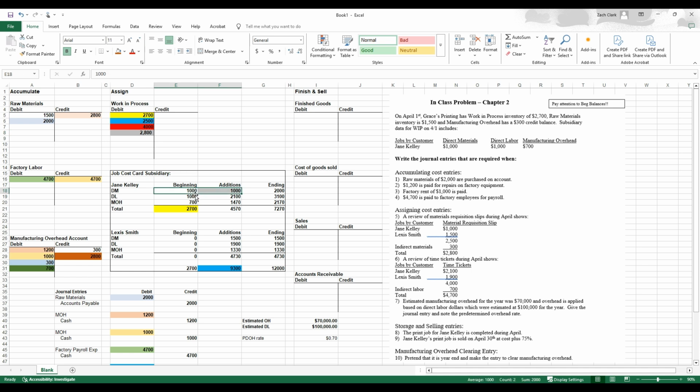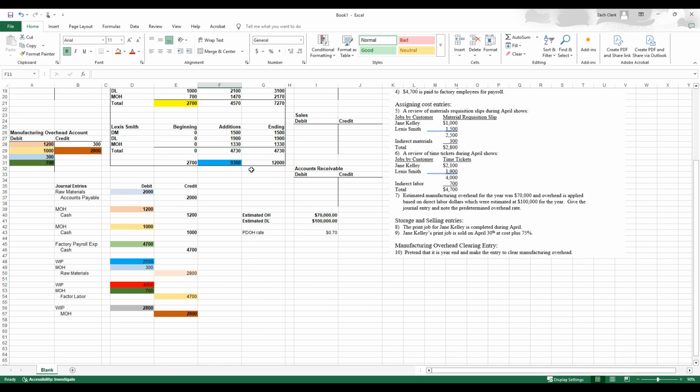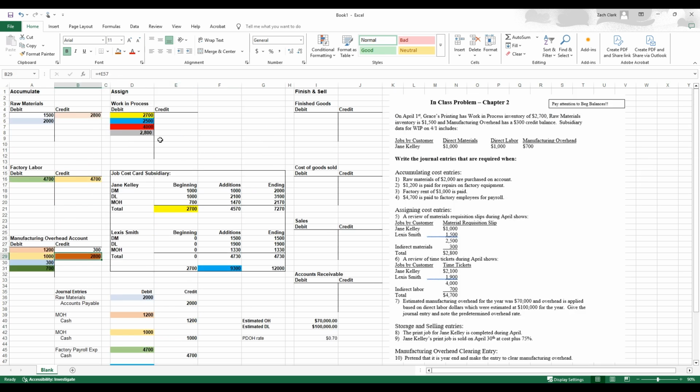So that's just add across to get ending. So now you can see 12,000 is our ending balance between the two jobs. And if you were to add all these up here, you can see it all sums to 12,000. So this is the same as this. It's just this has all the detail in it, and this is just the high level stuff. And then this was the journal entry we did to put the applied overhead in.